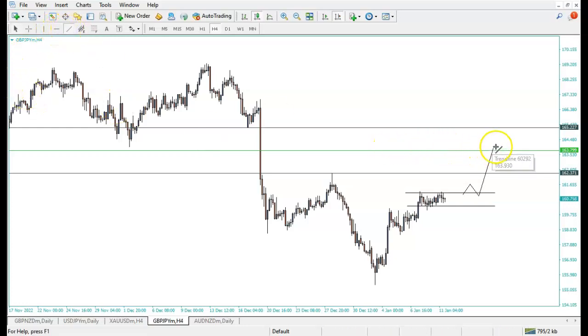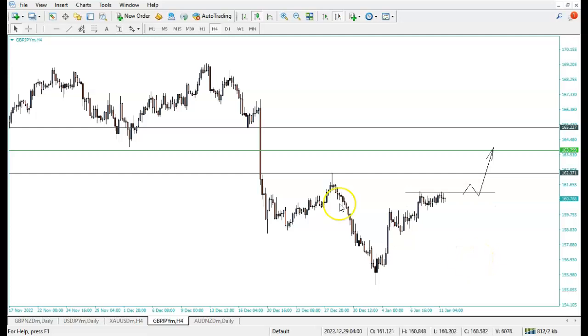So this is what we expect price should do in the coming days. Alright guys, this is what I expect price to do.